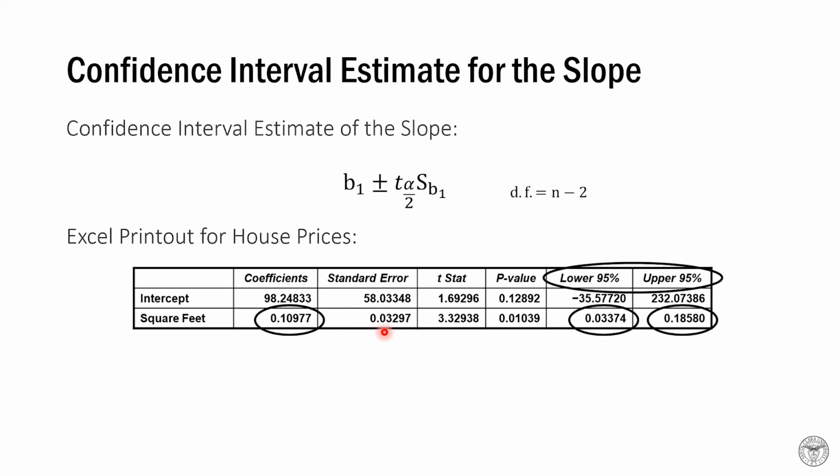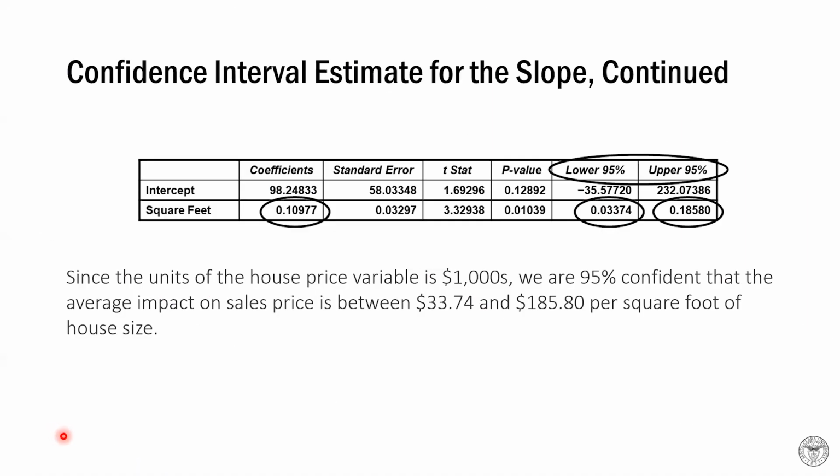Theoretically, we can compute the confidence interval based on these values. Of course, Excel has also provided such confidence interval information for the 0.05 level of significance. At a 95% level of confidence, the confidence interval for the slope is 0.03374 to 0.18580.